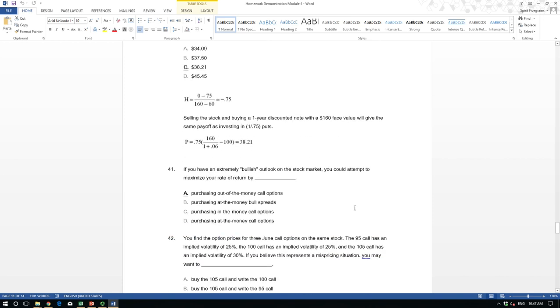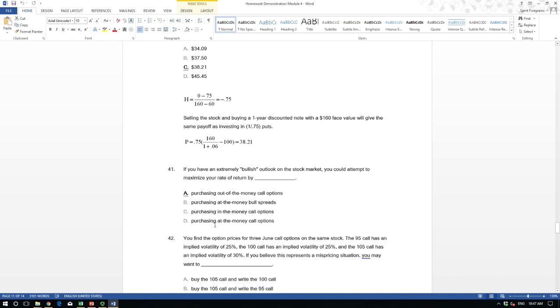Number 41. If you have an extremely bullish outlook on the stock market, you could attempt to maximize the rate of return by doing what? Bullish, so you buy call options. Right? So A, C, D all buy call options.